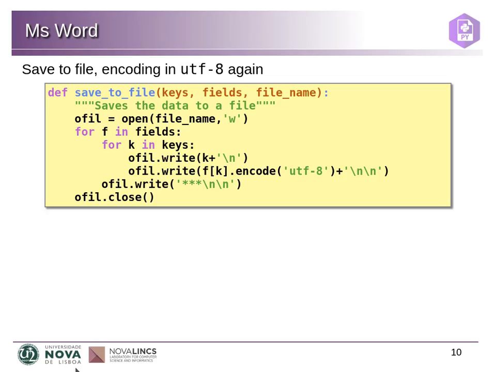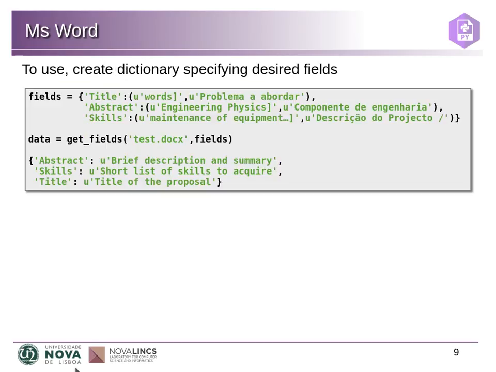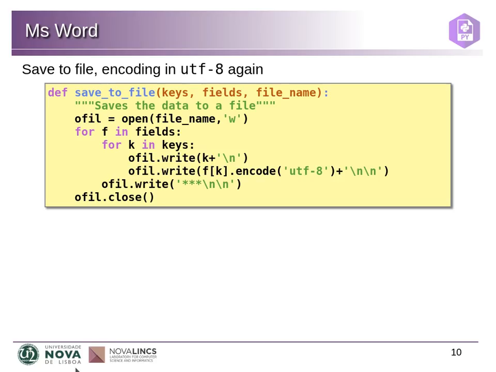So the idea is that we extract data from several docx files. We build a list with all of these dictionaries with the data for each of the fields, and then if we want to save some of these fields to a file for all the sources that we obtain data from, we can use this function.